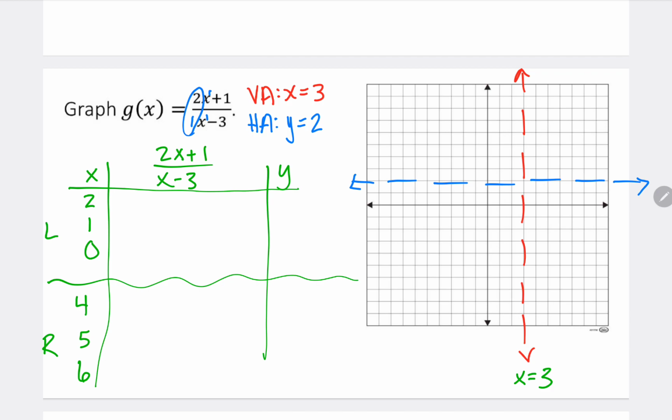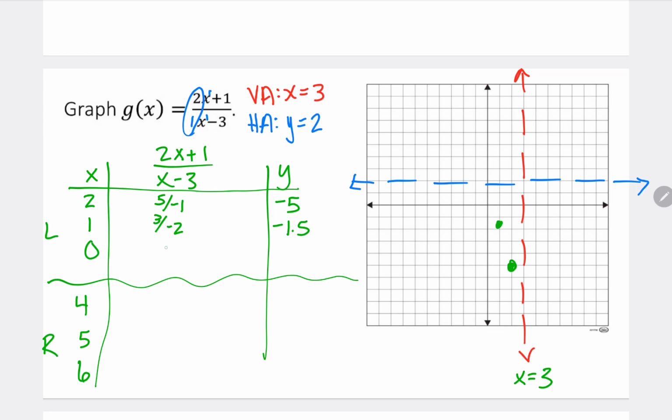And when I plug in these points, when I plug in 2, I get 5 in the numerator and -1 in the denominator. So (2, -5) is my first point. When I plug in 1, I get 3 in the numerator and -2 in the denominator, so -1.5.